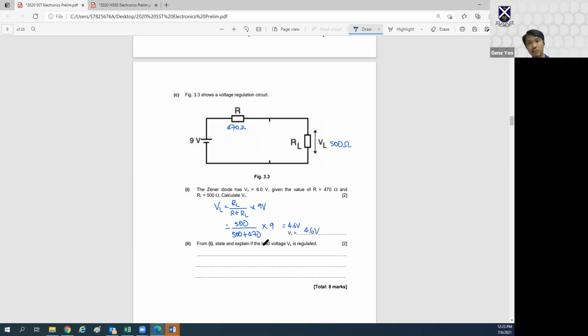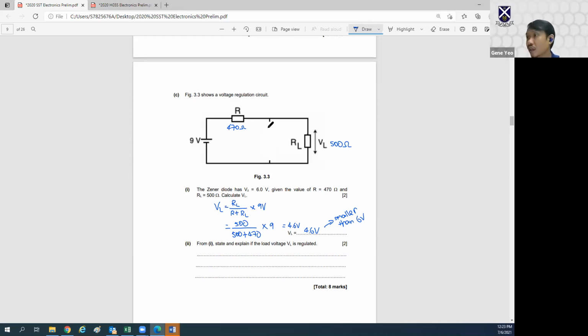Here we see that 4.6 volts is smaller than 6 volts, the breakdown voltage of the Zener diode. So if this is only 4.6 volts, it means that this Zener diode will not work.